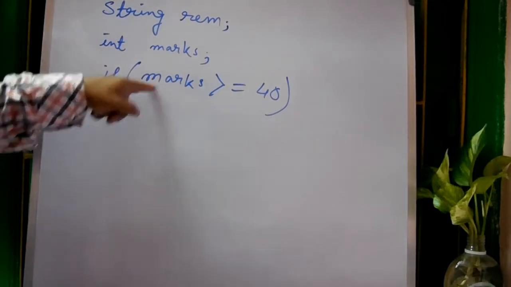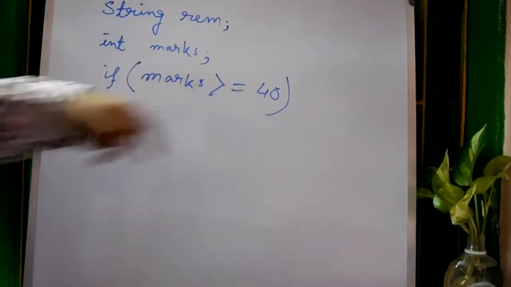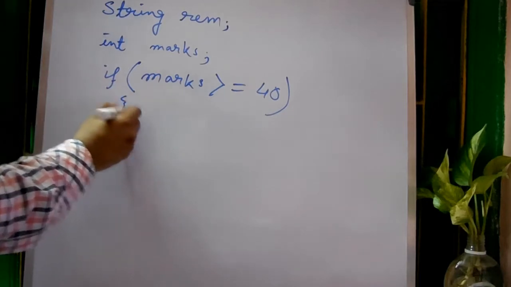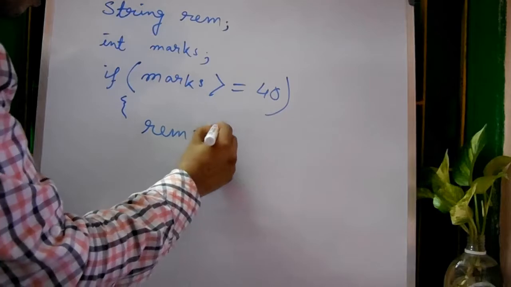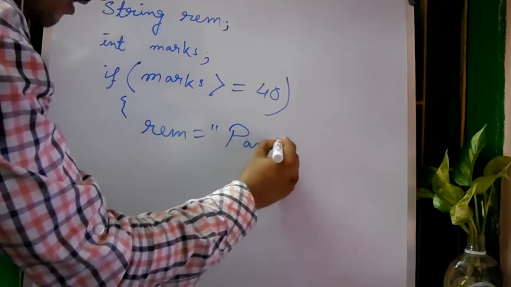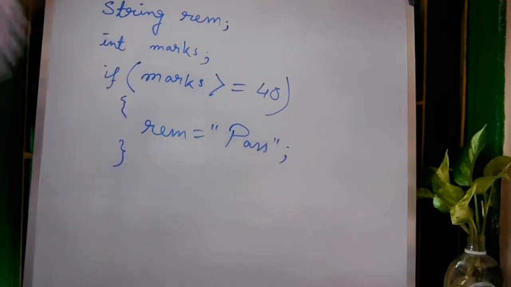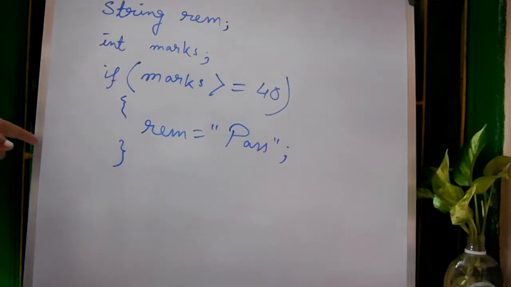If the marks is greater than or equal to 40, then, so the then part follows. So what will happen? Remarks will be pass. The same English sentence I told, I have written through the code. The sentence is: if you have got 40 or more marks, you have passed.